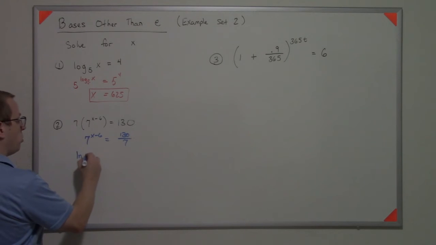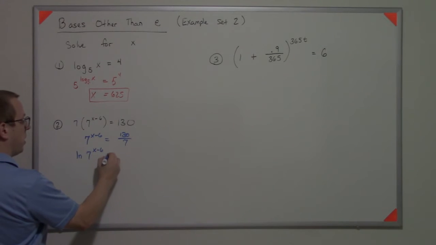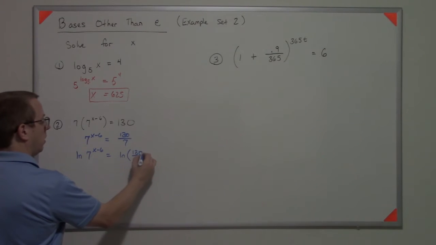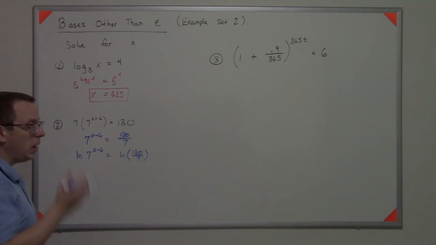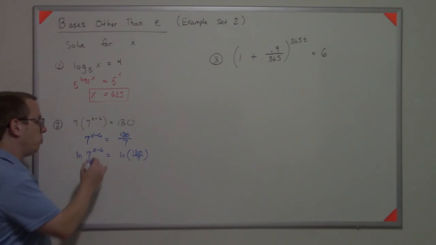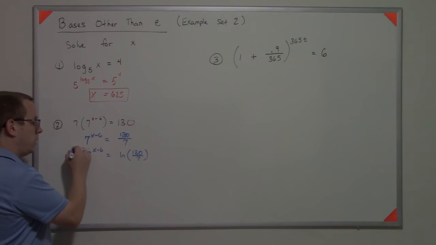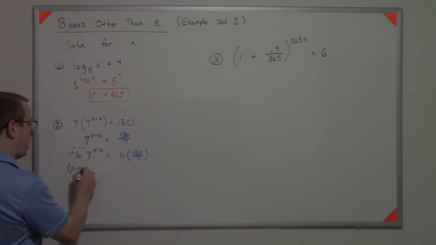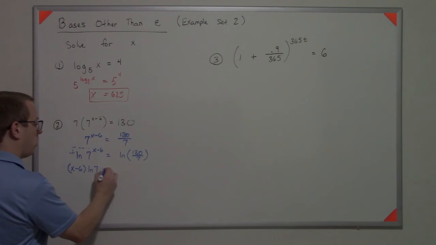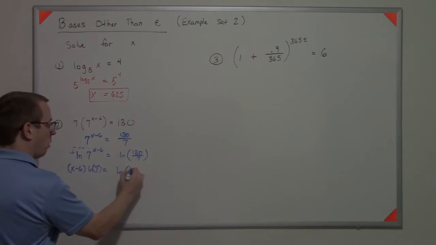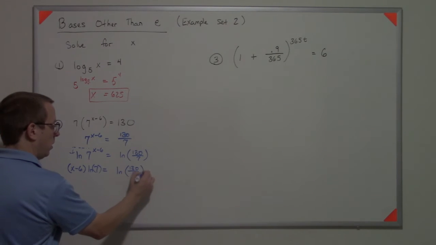So we're going to say the natural log of 7 to the x minus 6 is the natural log of 130 over 7. Now we can use the power rule to bring this down front. We can say this is x minus 6 times the natural log of 7 is equal to the natural log of 130 over 7.